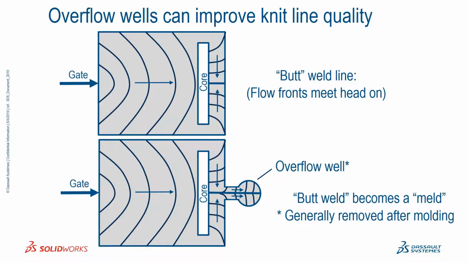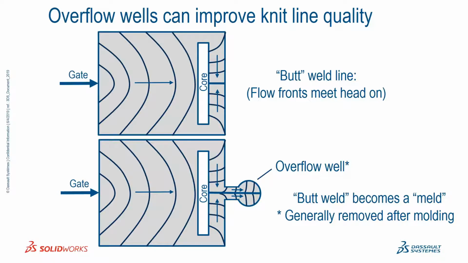By adding an overflow well, what you're doing is changing the butt weld line into a meld line by introducing a downstream flow component. And as we said, anytime you can have downstream flow, it's better than not having downstream flow. The disadvantage here is that the overflow well, depending on the application, would most likely need to be removed as a secondary operation after molding.